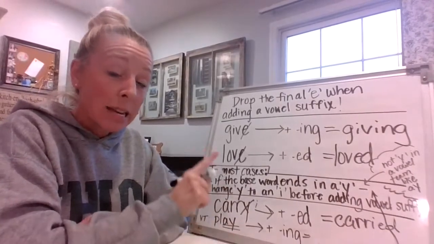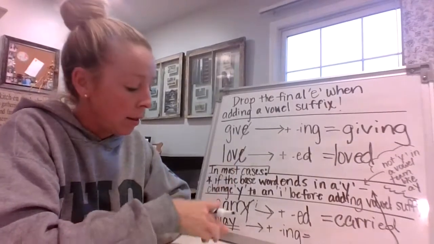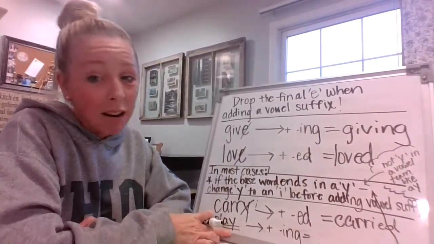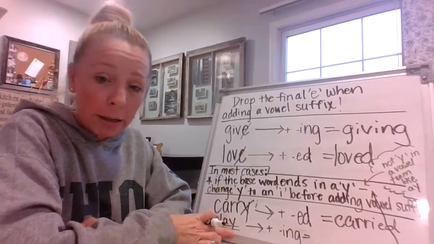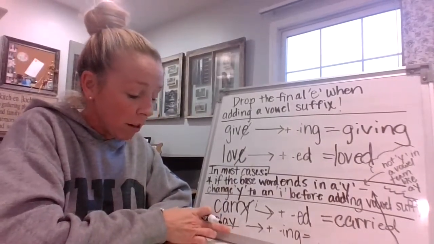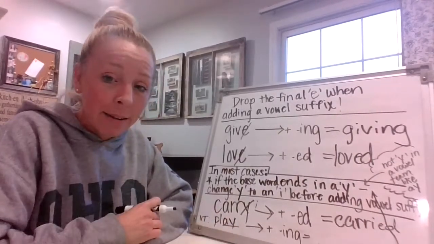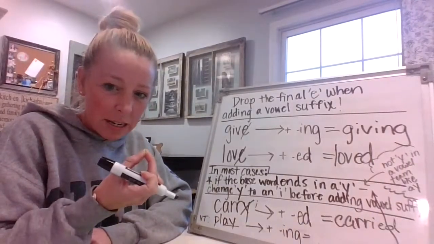To note, I said a single Y making a vowel sound that is usually E. Make sure it's not a vowel team. If that Y is part of a vowel team or a double vowel, like in foundations, we call it a double vowel, a vowel team, AY, those are together. They're a team.